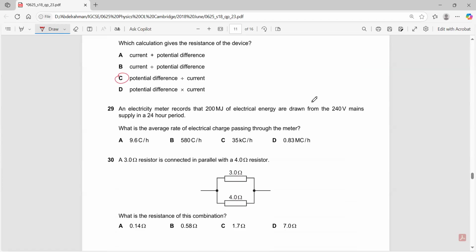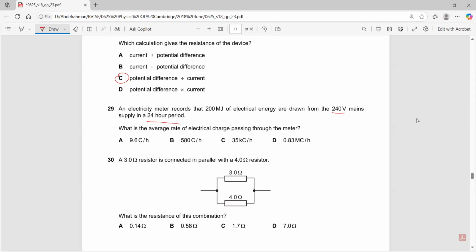An electricity meter records 200 megajoules of electricity that are drawn from the 240 volt mains supply in a 24-hour period. What is the average rate of electrical charge through the meter? Can I find the rate of electrical charge? Basically, he wants to find the charge. How can you find the charge?